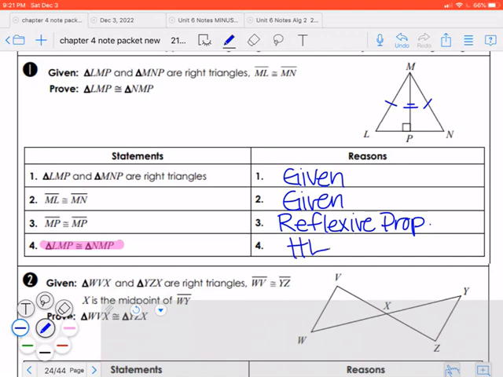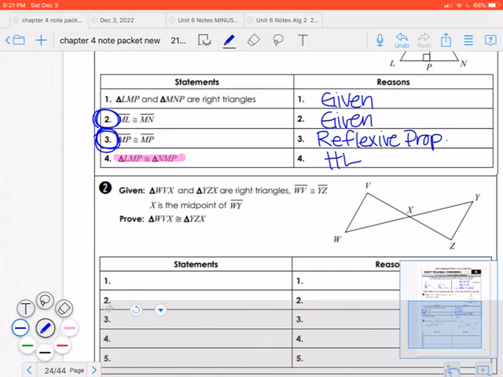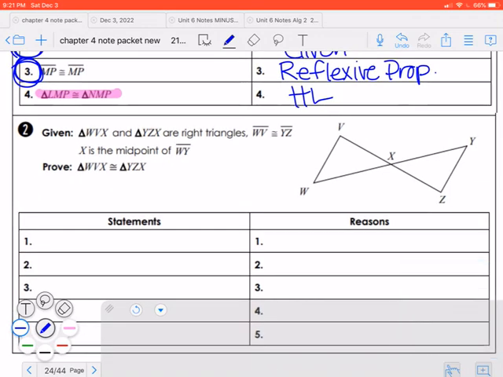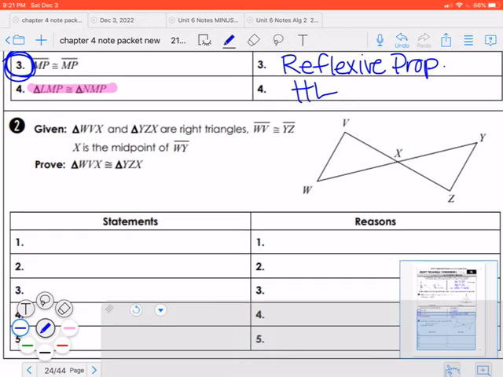I forgot to do the circling again, but we had hypotenuse and then a leg on the right triangles. All right, please pause and give this one a go, and then replay to see the answers and check your work.